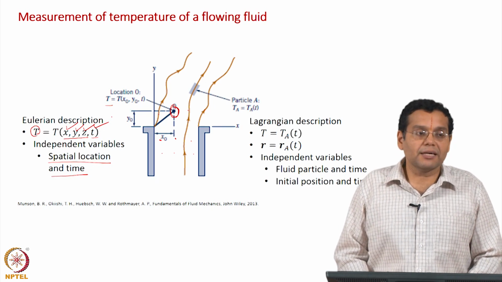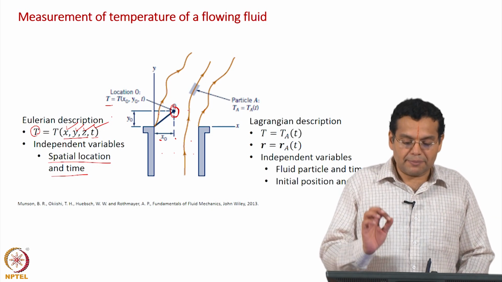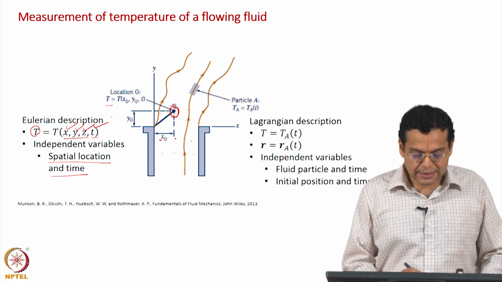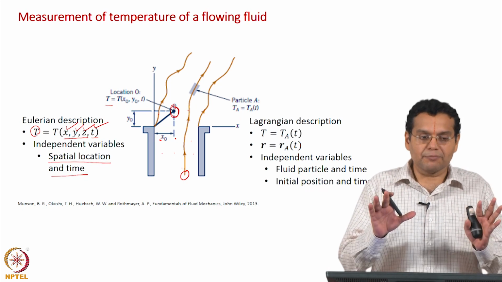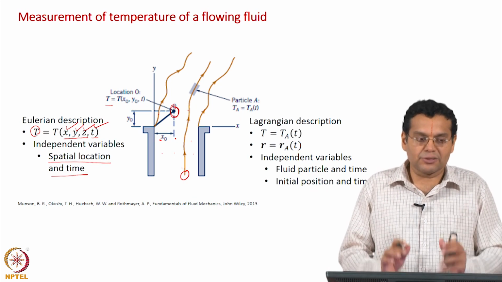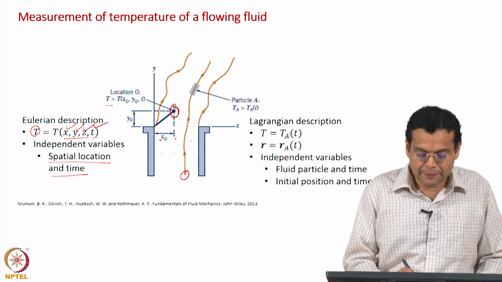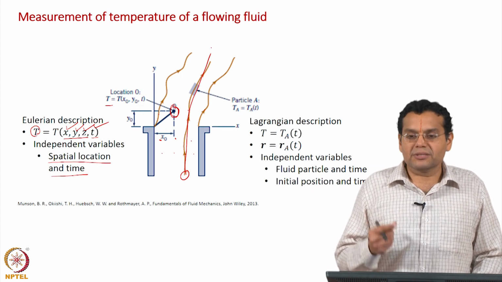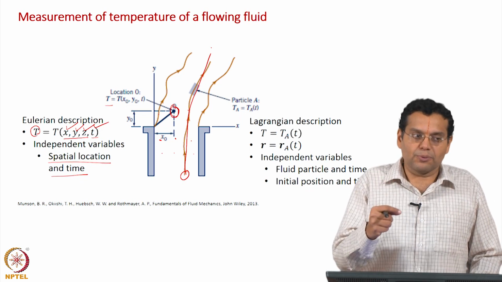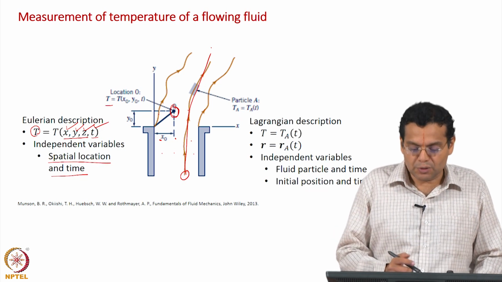Now, what is the alternative method, which requires imagination of a particle? Let us consider a particle here, the fluid particle based on whatever discussion we had so far, and that fluid particle passes through this region. Now, just imagine once again that you attach a temperature probe to that particular particle. So, what happens?